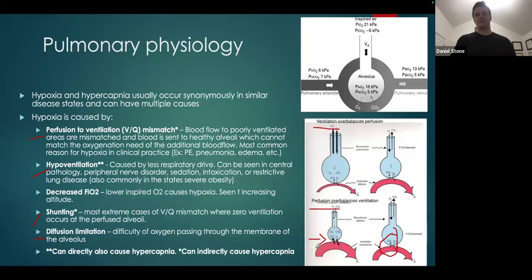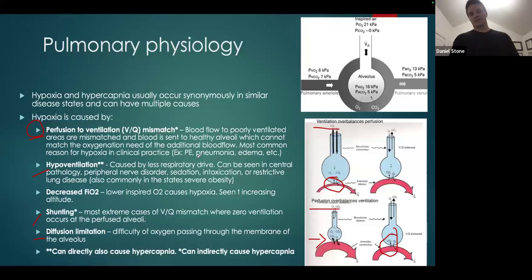If the alveoli are not full of oxygen and not oxygenating the capillary, you basically get a lack of blood sent. That forces the blood to go elsewhere, and it forces the healthy lung to try to oxygenate more blood, which ultimately meets its limit. And this is what is basically causing VQ mismatch.